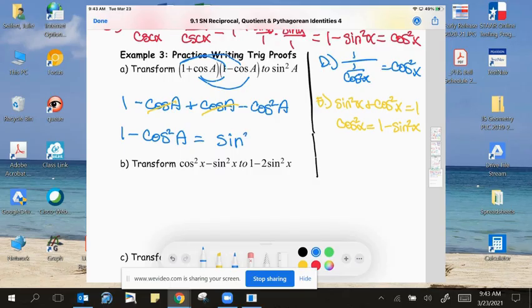That does equal sine squared A. If we look at the original identity, sine squared x plus cosine squared x equals 1, if we have 1 minus cosine squared x, we moved that cosine to the other side, leaving us with sine squared A. So we showed through algebra and identities that that was equal to sine squared A, and that is what we needed to do.